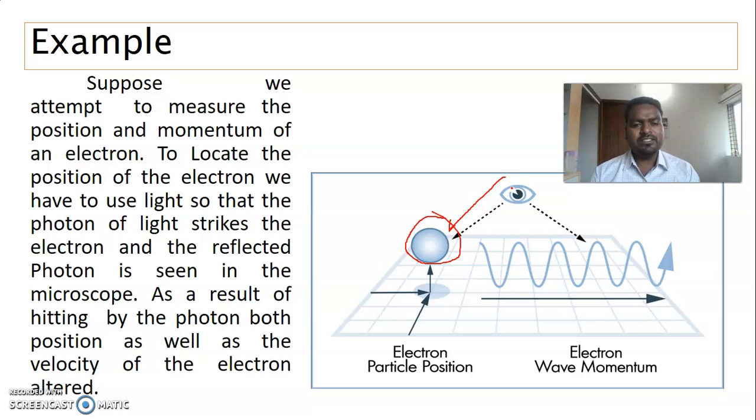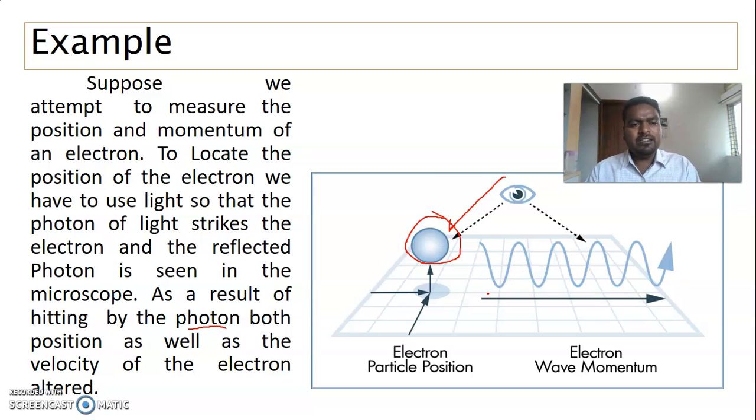You know that light has packets of energy called photons. When these photons are incident on the electron, the electron gains energy. As a result, its velocity is changed as well as its position. That's why you cannot identify the exact position as well as velocity of an electron. So this is the best example.